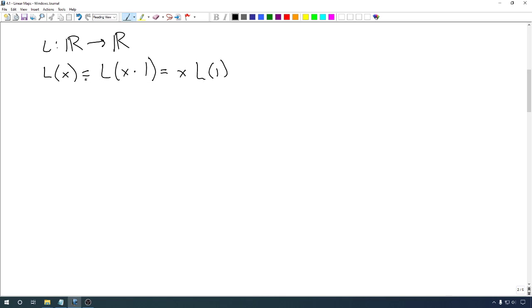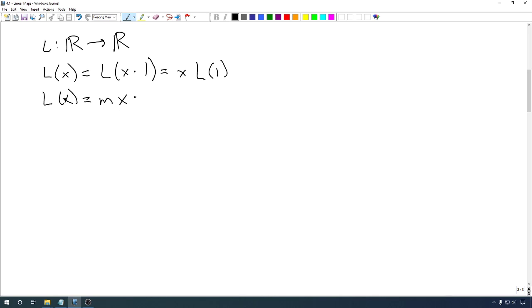And so what we can see here is that L of x will be completely dependent on what L of 1 is. In fact, we could give a name to what L of 1 is and see that L of x is always going to look like a number, let's just call it m, hopefully for obvious reasons, times the number x. Every linear function, every linear map looks like this.